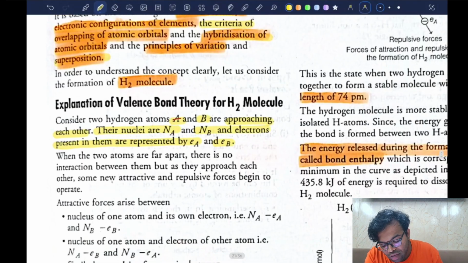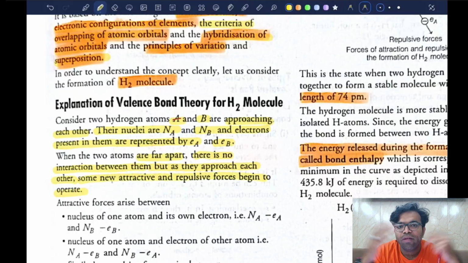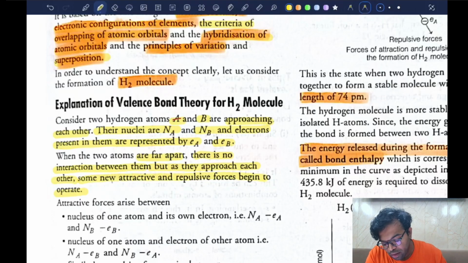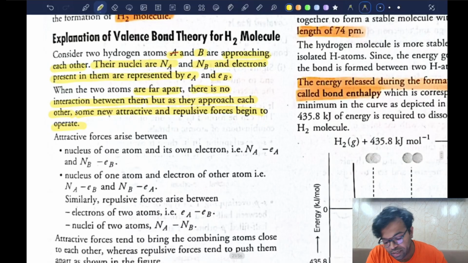When the two atoms are far apart, there is no interaction between them. But as they approach each other, some new attractive and repulsive forces begin to operate. What is the attractive force that is taking place? The nucleus of one will try to attract the electron cloud of the other. Similarly, the nucleus of the other will try to attract the electron cloud of the first one. That is where the attractive forces arise.